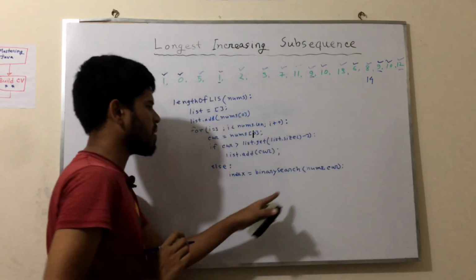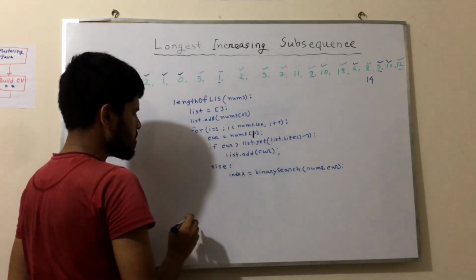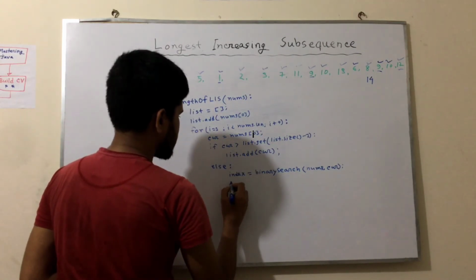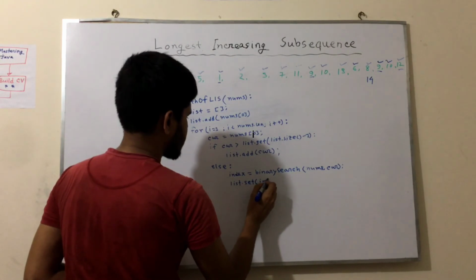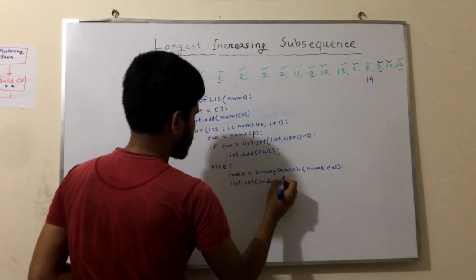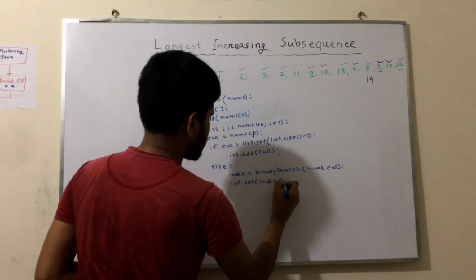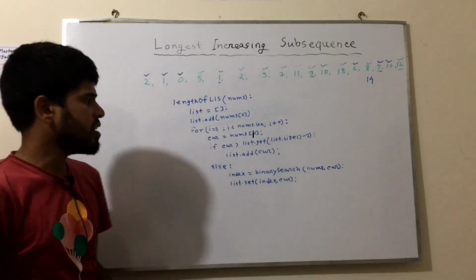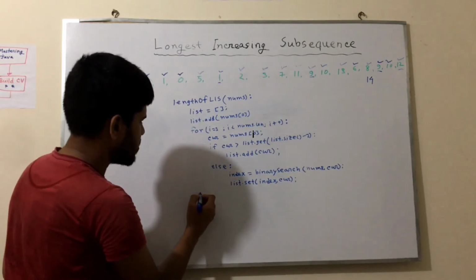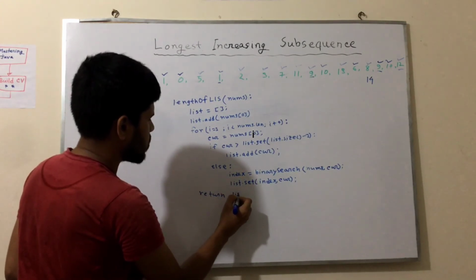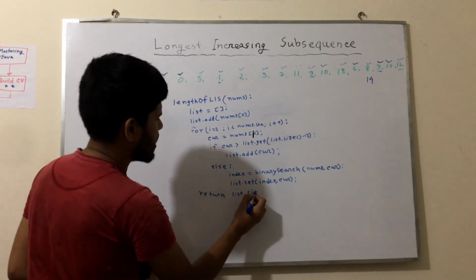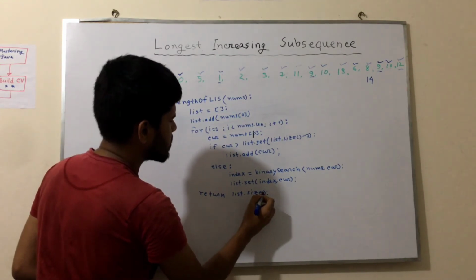It will return the index of immediate next of current. And here I'm going to set, list dot set, I'm going to update at index with the current value, and at the end here I will return the length of the list. So list dot size. The size of the list is the longest increasing subsequence.